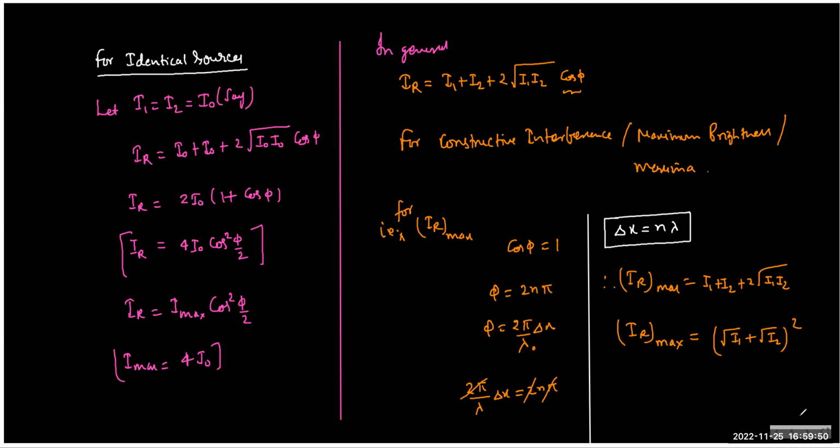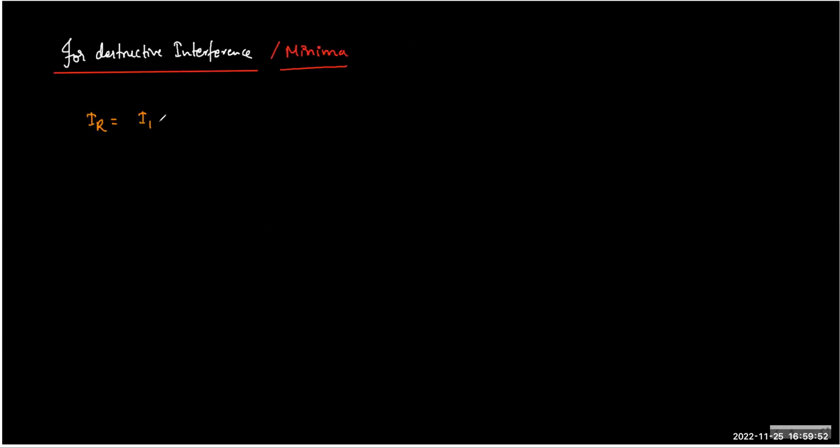So this we can rewrite like this. Yes. So where cos phi equals -1, and cos is -1 when it is an odd multiple of pi. Okay.